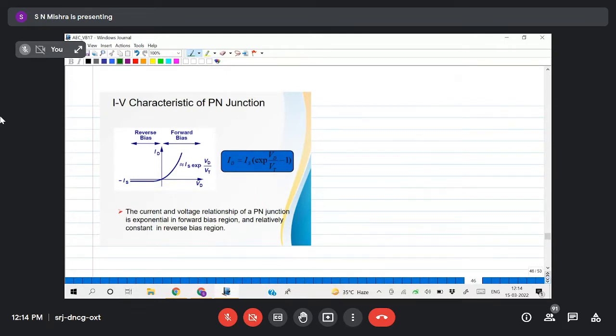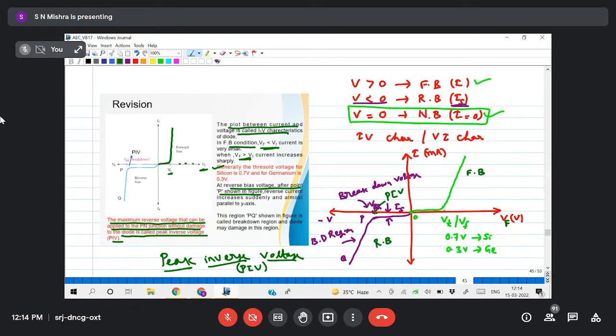Now, in this diagram, we observe the equation for how the current increases in the forward bias condition. In forward bias condition, I can write the diode current as ID, that means after threshold voltage. Once the depletion region is removed, current increases.